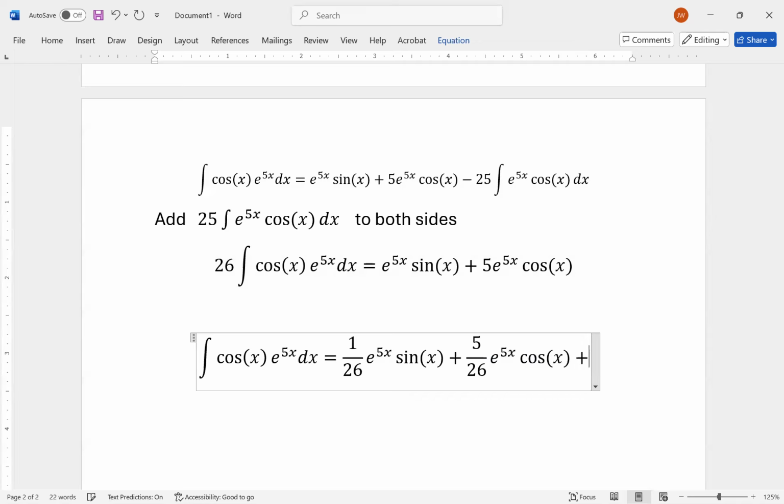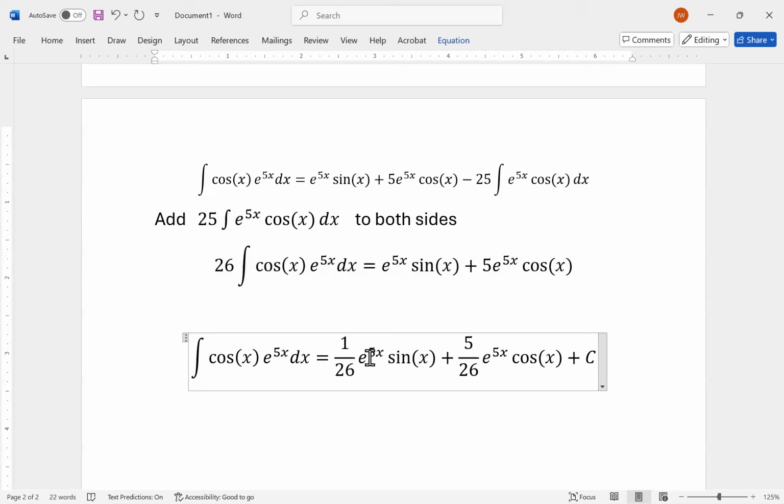And then lastly, every time I integrate, I always have to tack on that plus c at the end. So that's the class of antiderivatives there. So that's my final answer.